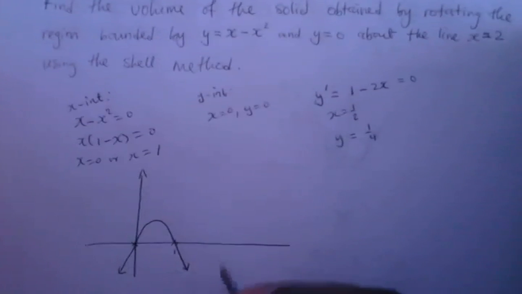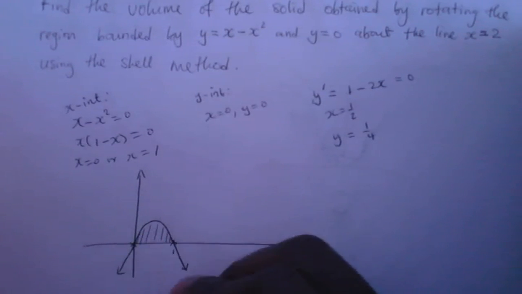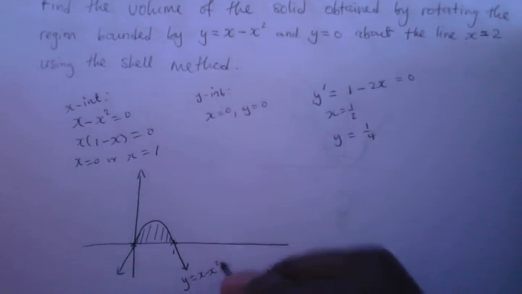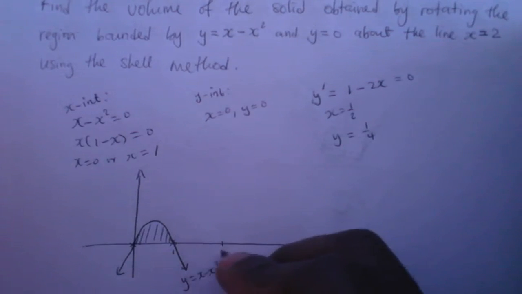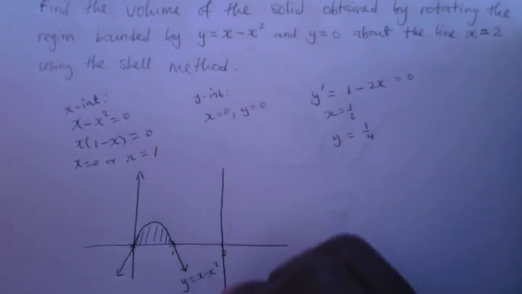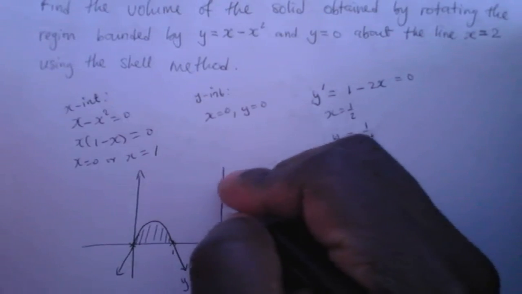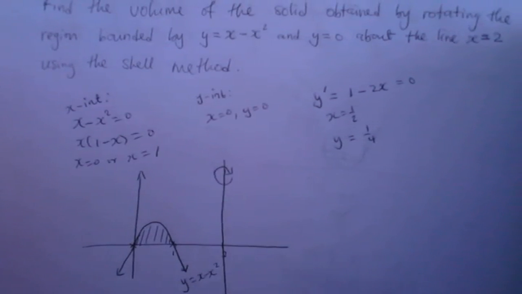So your graph will look like this. This is y equals x minus x squared. Now this is about the line x equals 2, so I'll just denote that this is 2. Then I will draw a line across 2 and indicate that this is my axis of rotation.